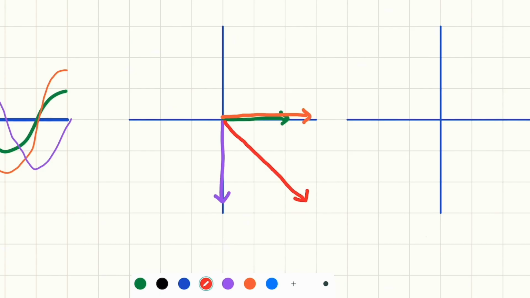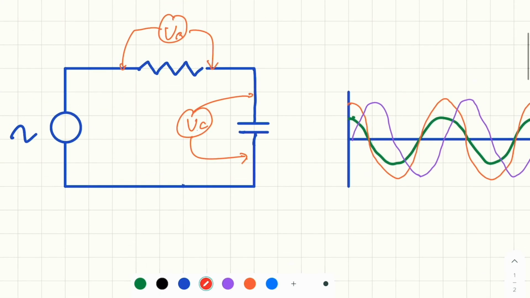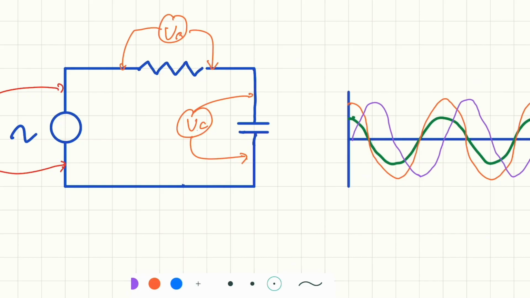So this, the white one, is the voltage here. What I mean is, if you put another voltmeter here and measure, this is the applied or source voltage. And you will find this voltage shifts in between the voltage across R and the voltage across the capacitor.